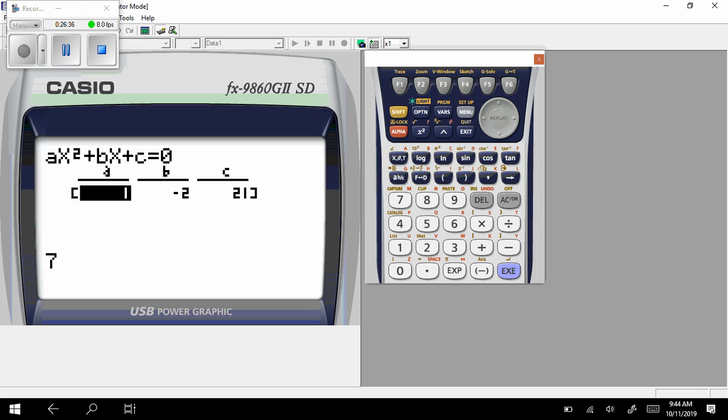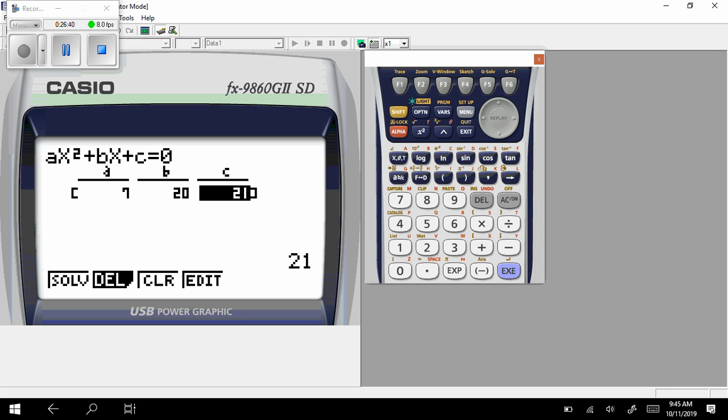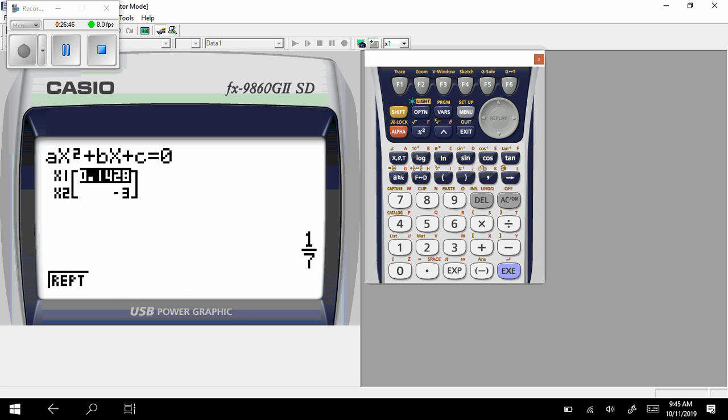So that was 7x squared plus 20x, and then it was a minus 3 once we set it equal to 0. You hit solve and you get your two fractions. You get your 1/7 and your negative 3. Same thing. And if your calculator is one of the more upgraded ones, it gives you the fraction just like that.